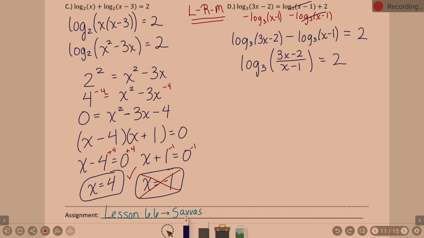I want to solve for x. Where are all my x's? They're inside the log. How do we get them out of the log? Left, right, middle. Okay. Left is my base of 3. Raised to the right, which is the 2. Equals, what's in the middle?